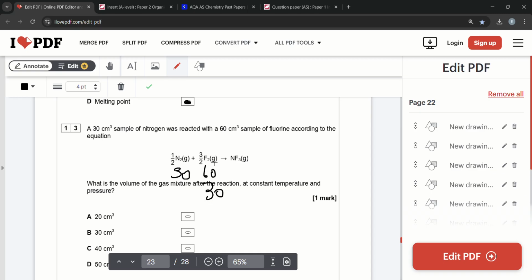And then obviously, a 1 to 2 mole ratio.